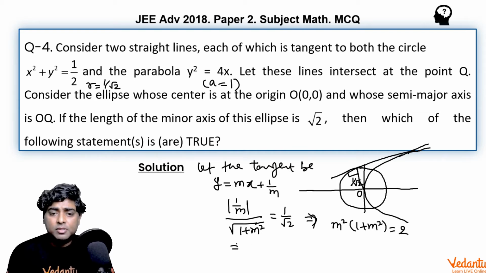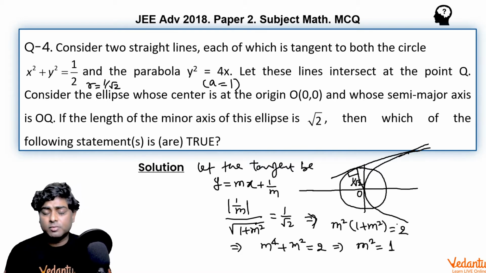As m square is positive, you get two values of m from here, but one value would be negative: m square here would be 1, the other would be minus 2, which is not possible because m square is positive. So here the values of m are plus minus 1.